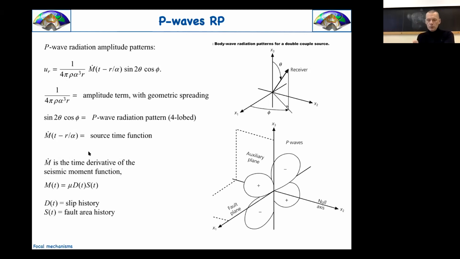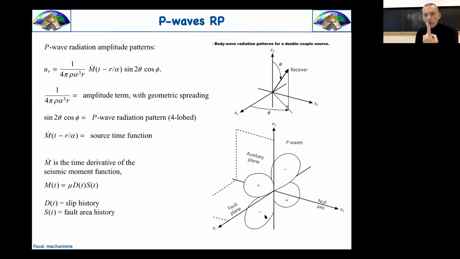And for the P wavefield, since it's a longitudinal compressional wave, the information is big plus, big plus, big minus, and 0 along these planes. And these planes actually are nodal planes. In principle, on those 2 planes, there is no P radiation. We're not getting anything if we sit there.